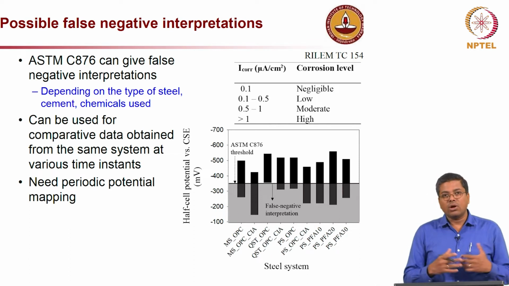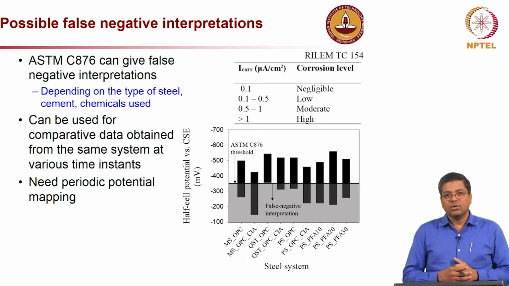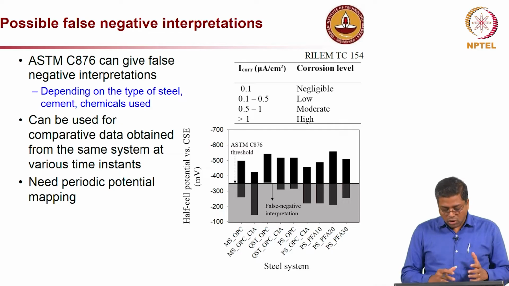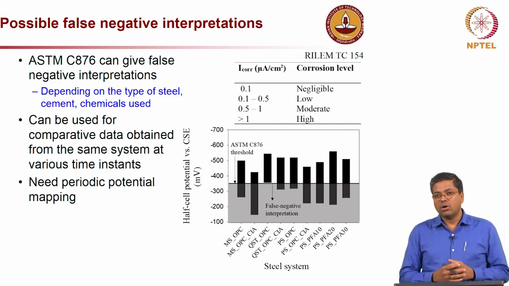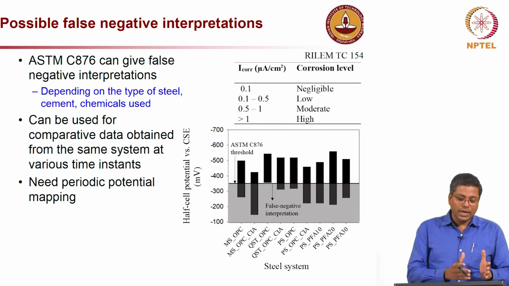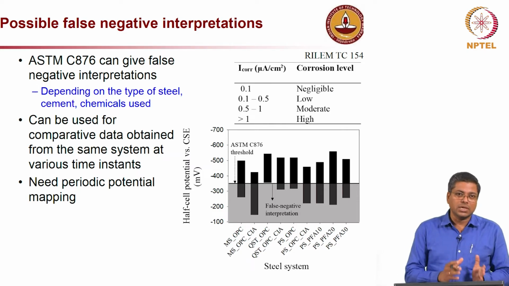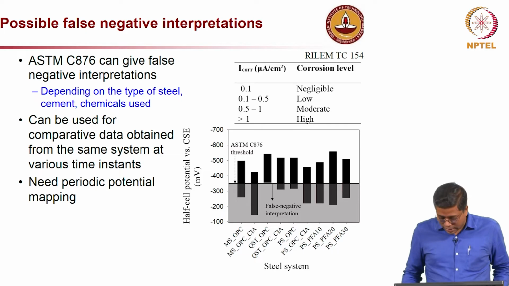But today we have many other types of steel, different types of concrete, and different types of chemicals. All these, like corrosion inhibitors, or even coated rebars, may influence how to judge or interpret the data, because you cannot use the same criteria given in ASTM C876 and apply it on all sorts of steel reinforced concrete systems, which will give you very misleading interpretation.